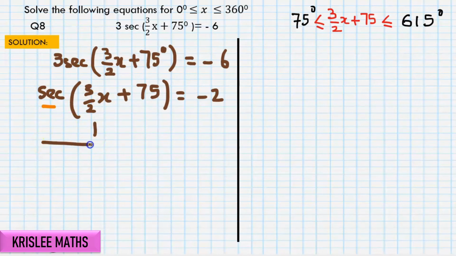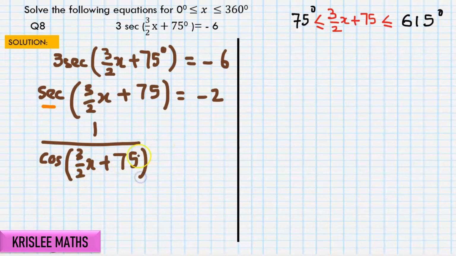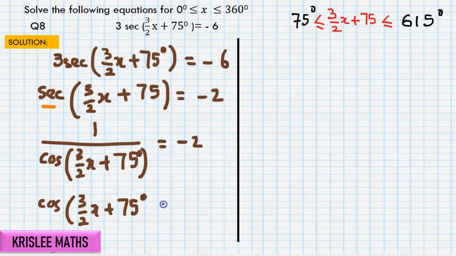So you can rewrite it as 1 over cos of 3 over 2x plus 75 degrees equals negative 2, or cos of 3 over 2x plus 75 equals negative 1 over 2.